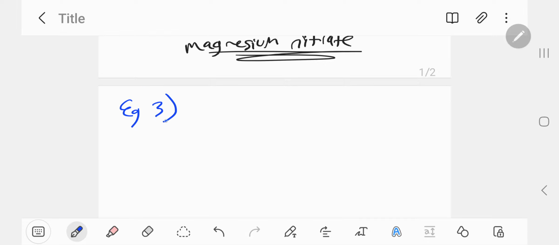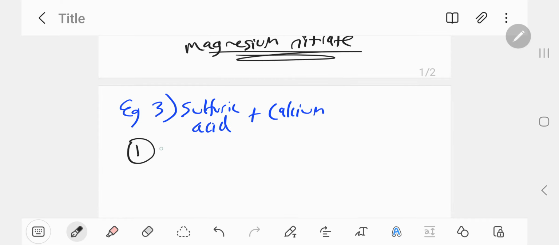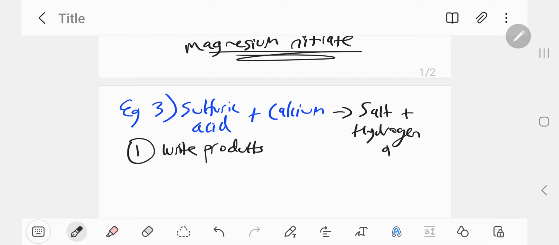Example 3, so up to the third common acid, sulfuric acid plus calcium. And let's work this out. So step 1 is to write the products. So salt and hydrogen gas. Step 2 is to identify the salt.